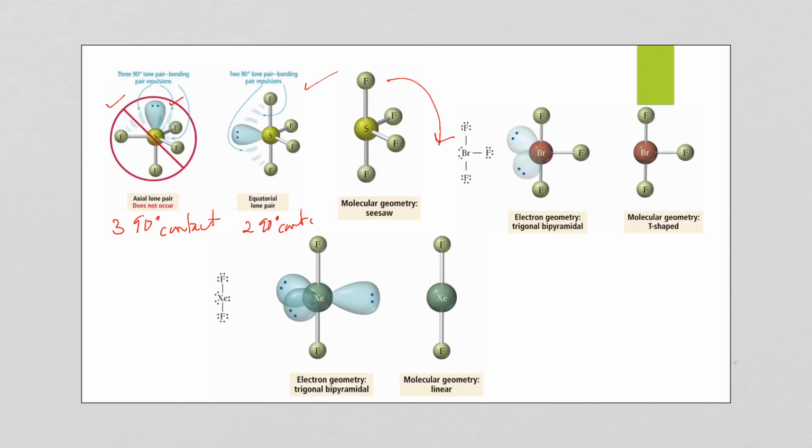So these would be the 2 seats here, and it would be like a seesaw if you were to flip it over. So that's where the name comes from. And you can see an example here, sulfur tetrafluoride.